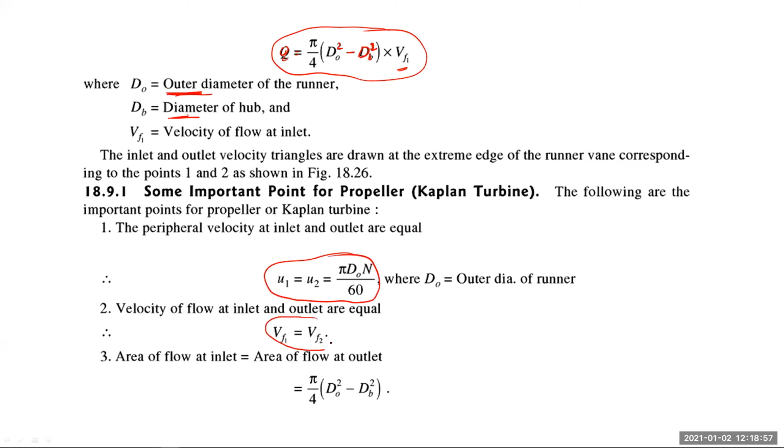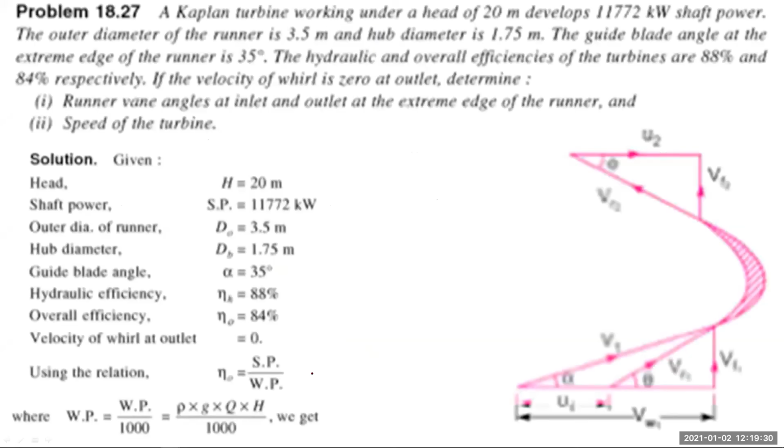If in the question it is written that velocity of flow at inlet and outlet are equal, for a Kaplan turbine it will be equal. For a Kaplan turbine U1 and U2 will also be equal. So U1 equals U2 equals pi D N upon 60, and Vf1 equals Vf2, and the area of flow at inlet equals the area of flow at outlet, given by pi by 4 into your effective diameter squared. So you can keep these things in your mind, and now we can solve the numericals.